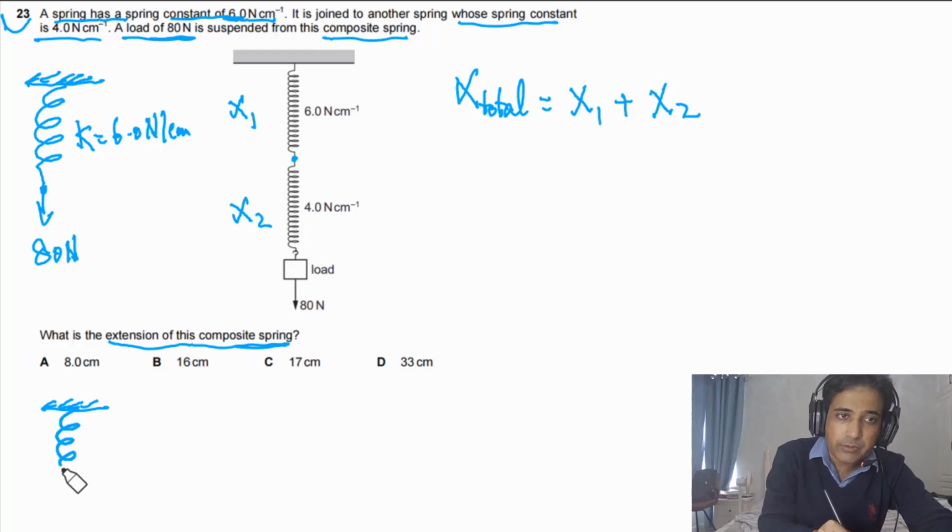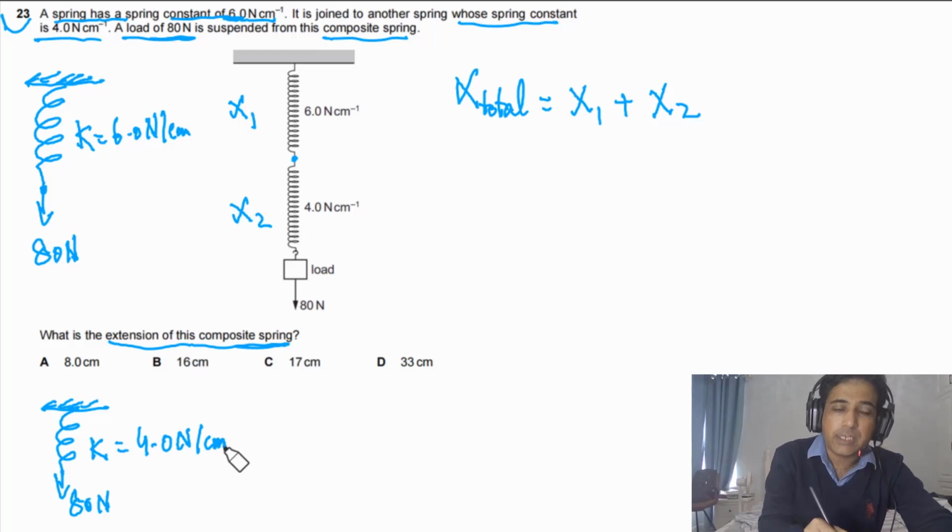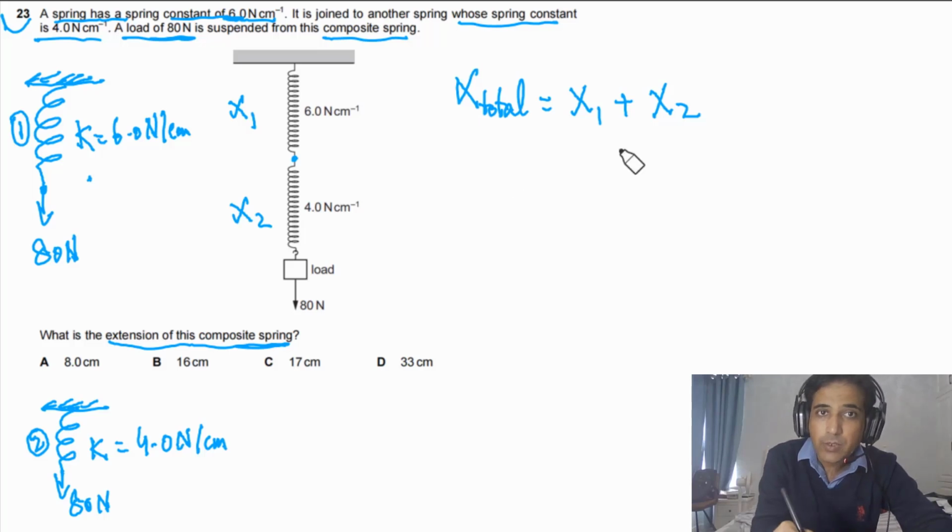The force on this one is also 80 newtons and its spring constant is 4.0 newtons per centimeter. So we can calculate the extension of spring 1, that will be x1.